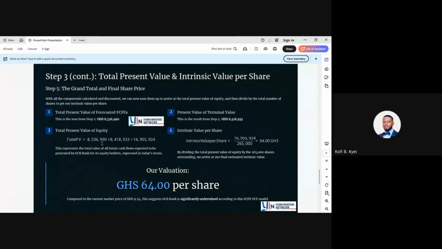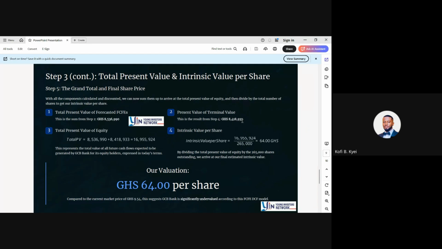Now, the total present value of forecasted FCFE, the figure was 8,536,990. That is the present value of the FCFE, as you saw in the previous slide. Then the present value of the terminal value came up to 8,418,933.